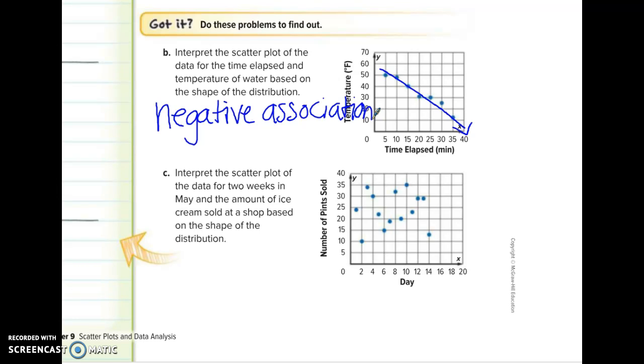If you look at all of this information, it lies really close to that line. It doesn't make an exact straight line, but all of those data points fall really close to the line that I drew, and that's a straight line. So we would say that this is also a linear association.